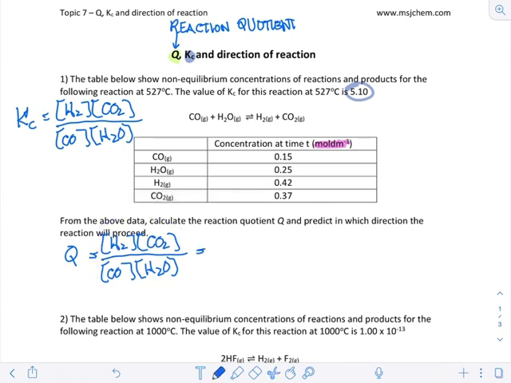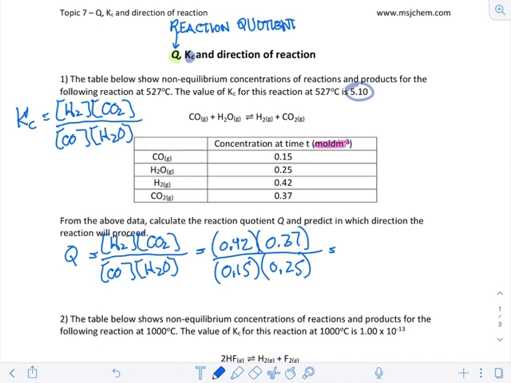And then I would plug in the different concentrations. So for H2 it's 0.42, for CO2 it's 0.37, for CO it's 0.15, and for H2O it's 0.25.